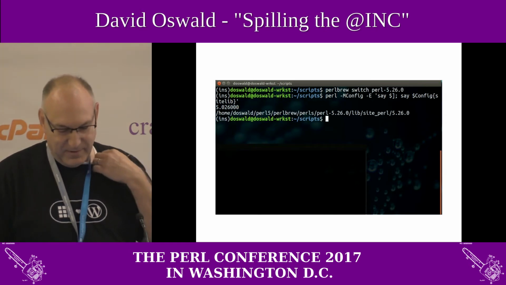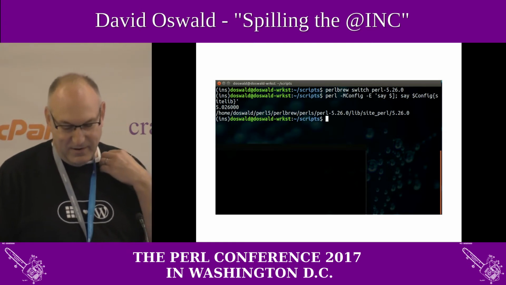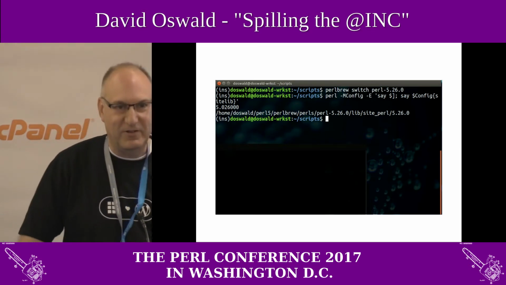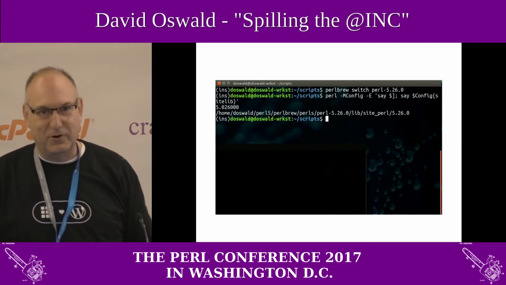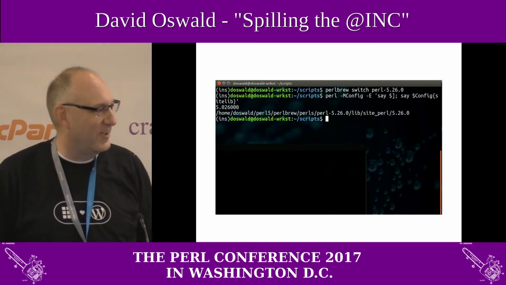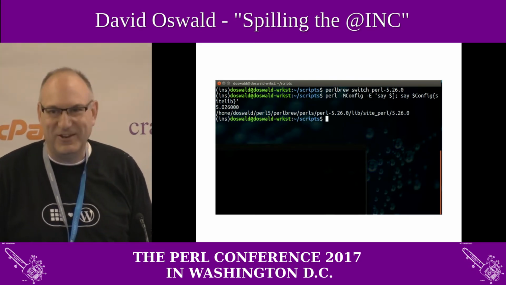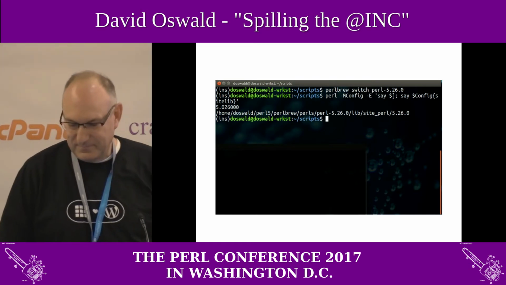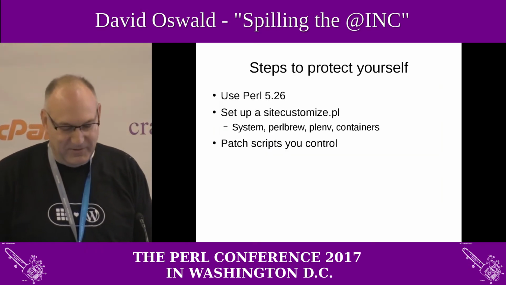Here under perlbrew 5.26, it's telling it to look for that under site_perl 5.26. And so whichever version of Perl you're using, and if you're using perlbrew, make sure to drop that sitecustomize.pl modification in the appropriate places to make sure that you're getting protected. So set up sitecustomize.